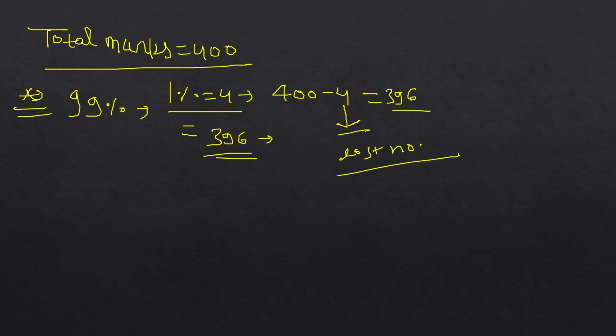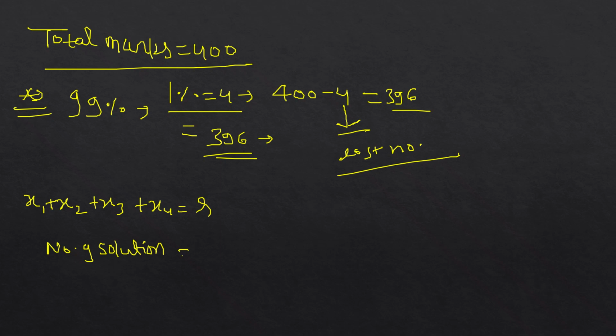And we know the total number of solutions of x1 plus x2 plus x3 plus x4 equal to r is n plus r minus 1 C r. This is a formula.